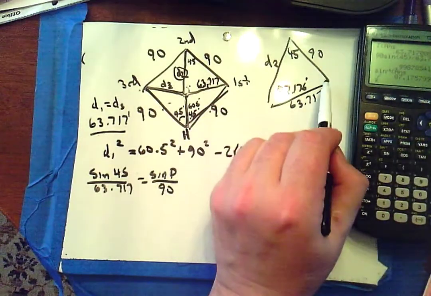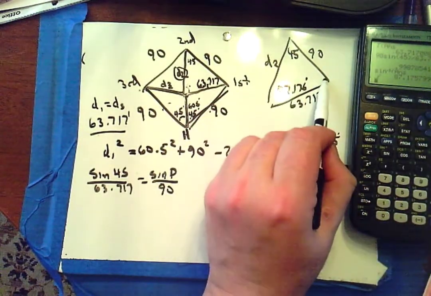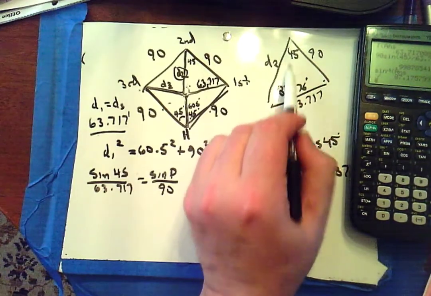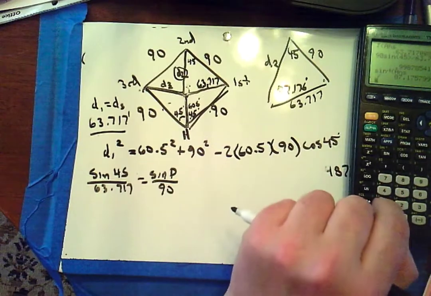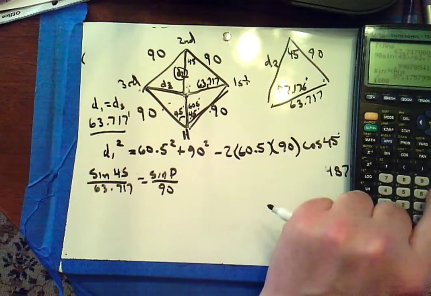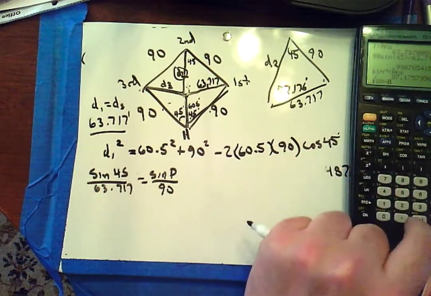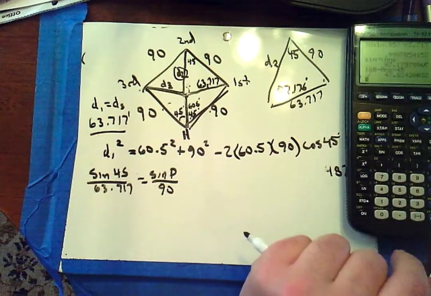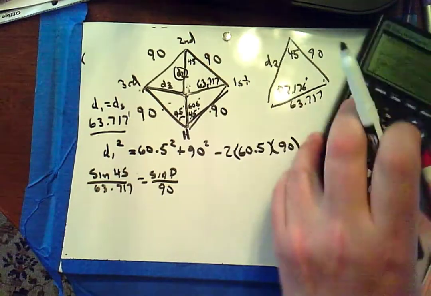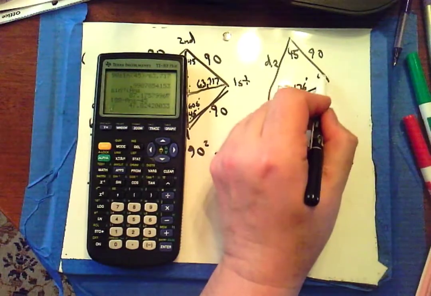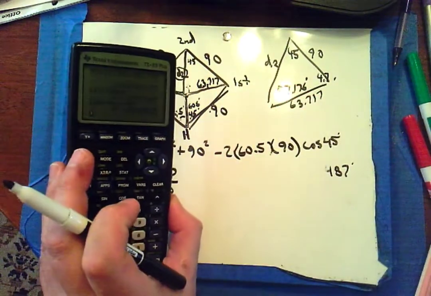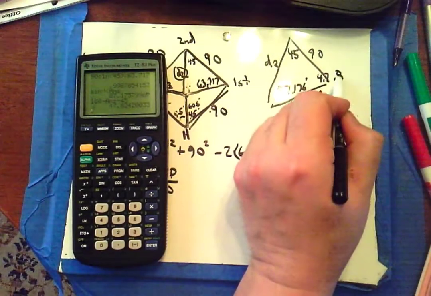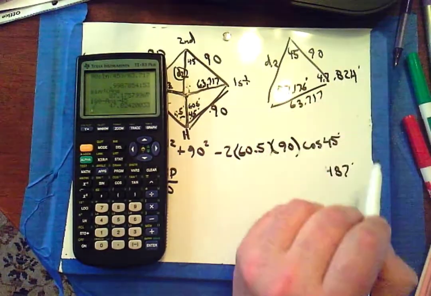Okay, so if I find this angle, subtracting these from 180, I can then use law of sines to find D2. So 180 minus the angle we just found, minus that 45 degree angle, gives me 47.824 degrees here.